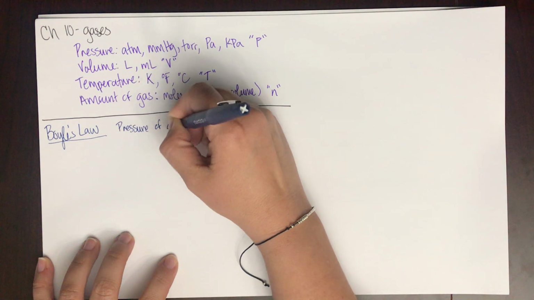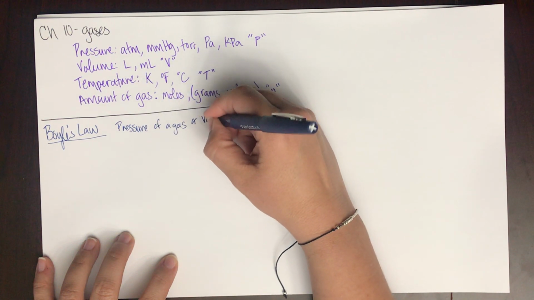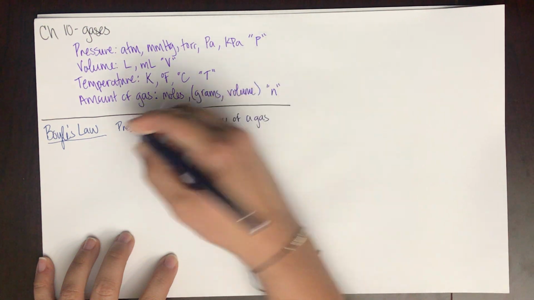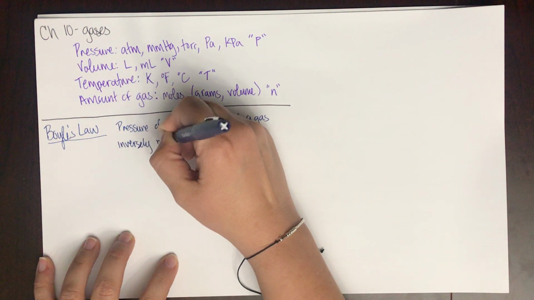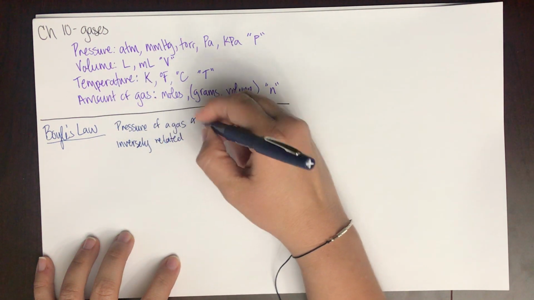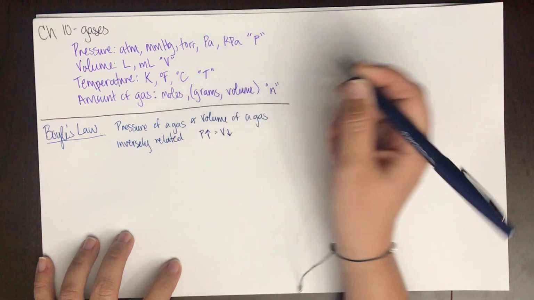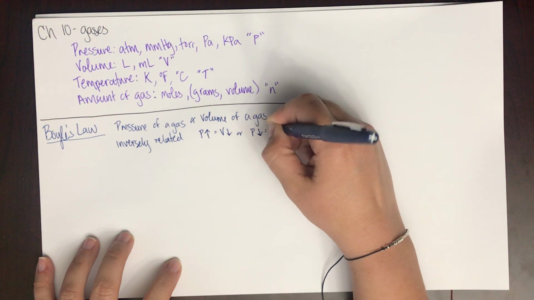Pressure of a gas is inversely related to volume of a gas. So if pressure goes up, volume will go down, or if pressure goes down, volume will go up.